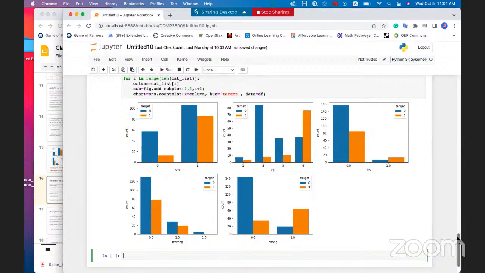For this variable, they have almost the same proportion. For each group, there's almost the same proportion of people who had an attack and had no attack. Right? Almost 2 to 1 and 2 to 1, almost the same proportion.